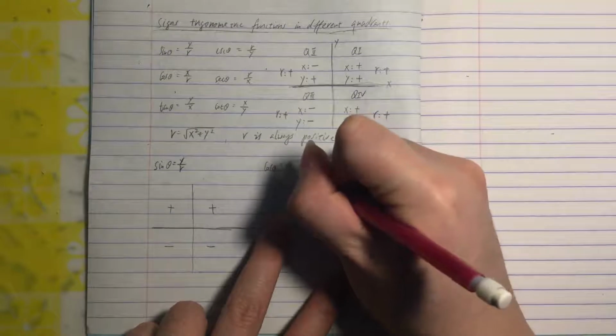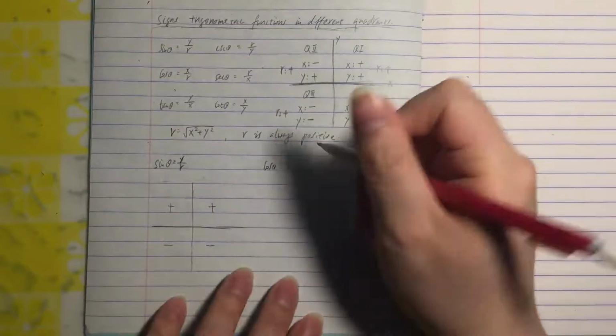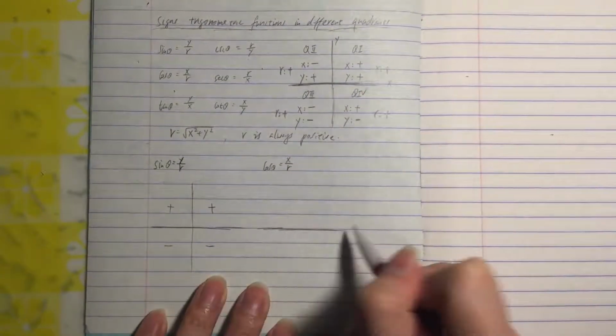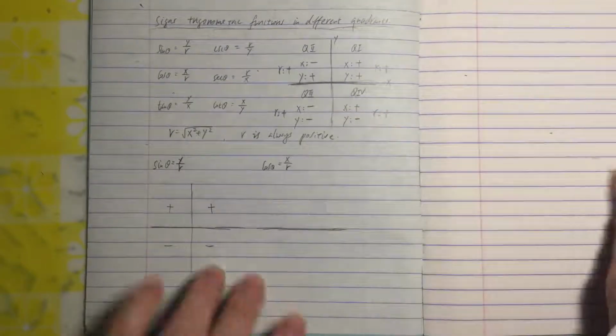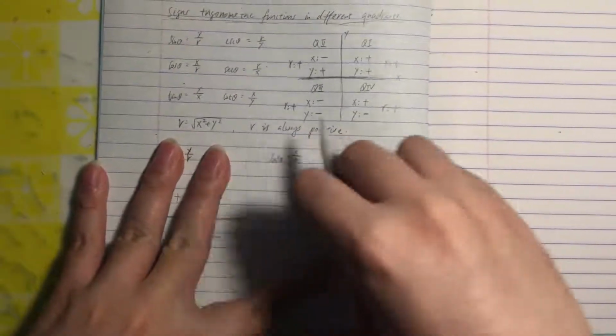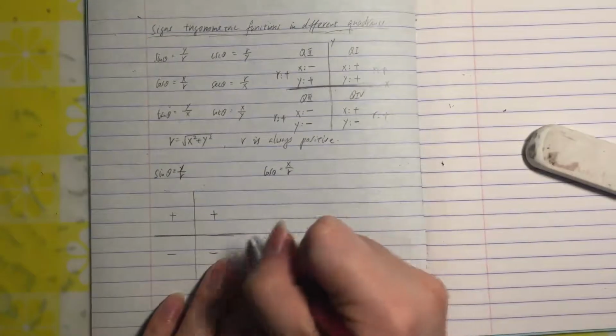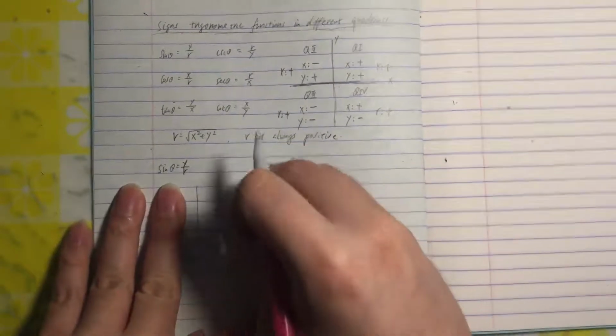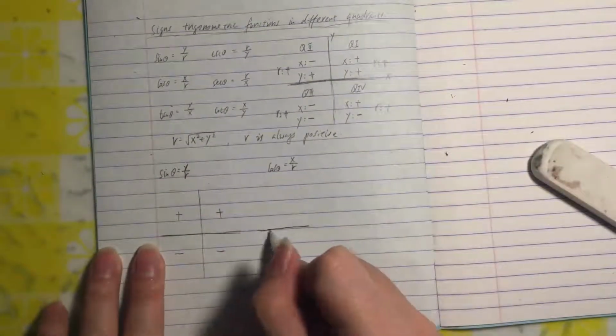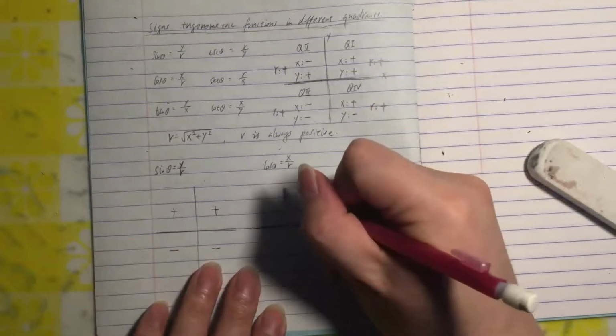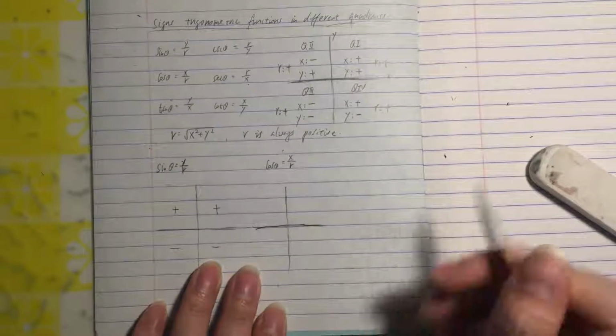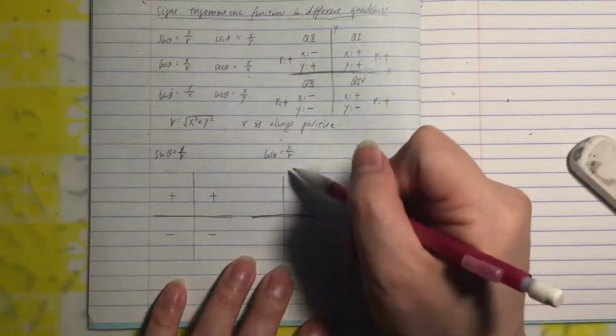Next, let's look at cosine function. We know that cosine theta is x over r.